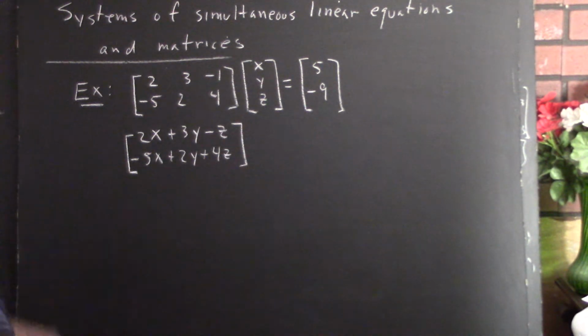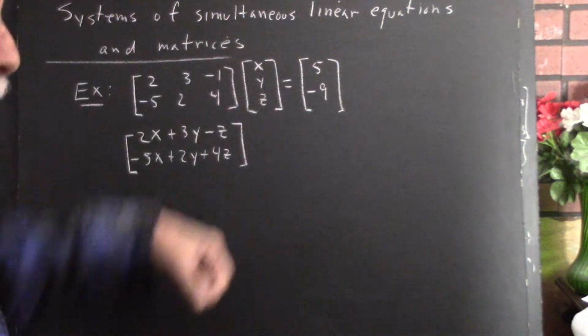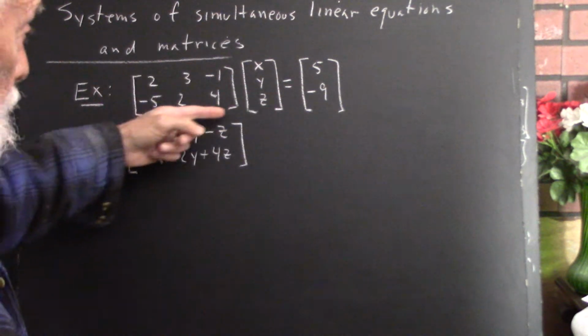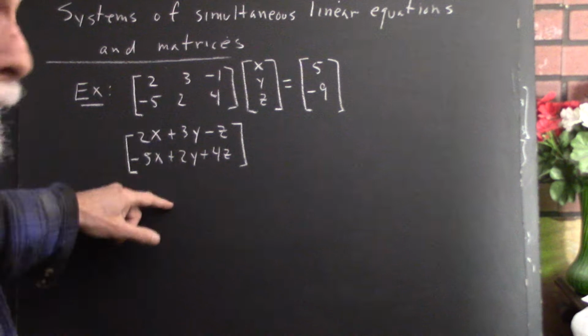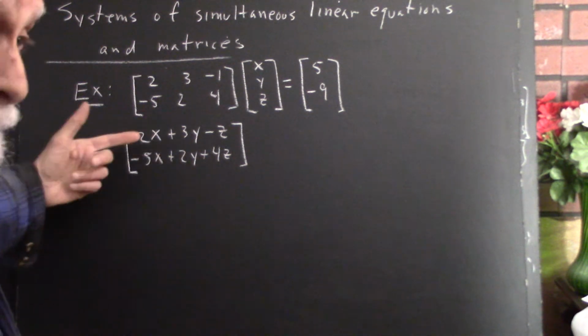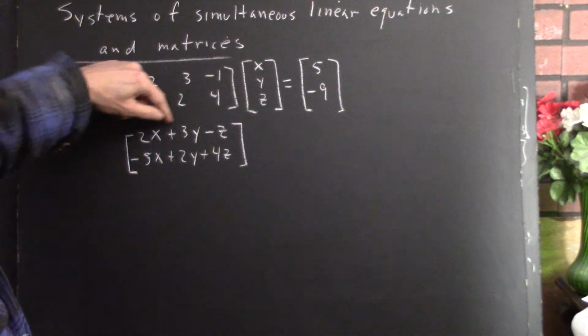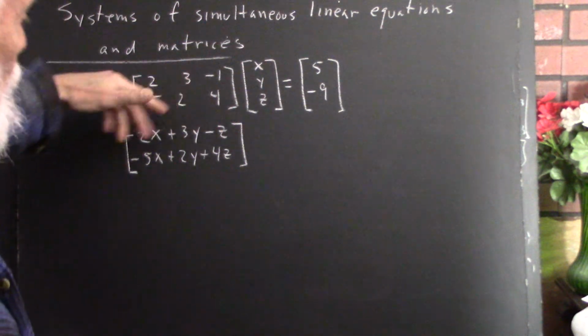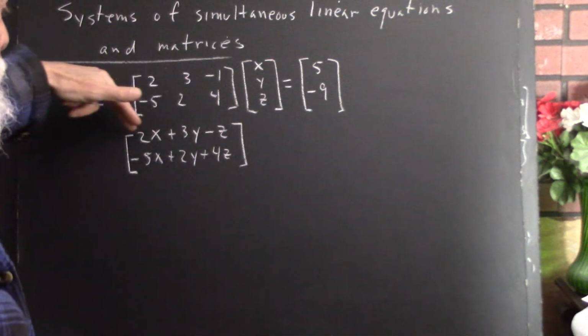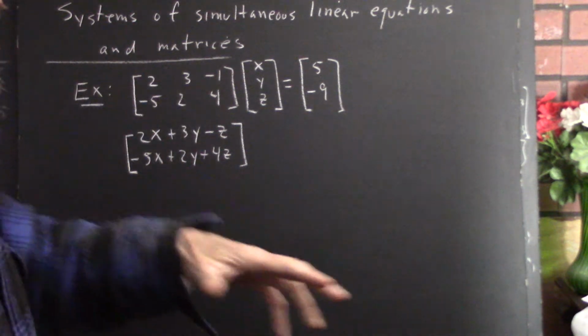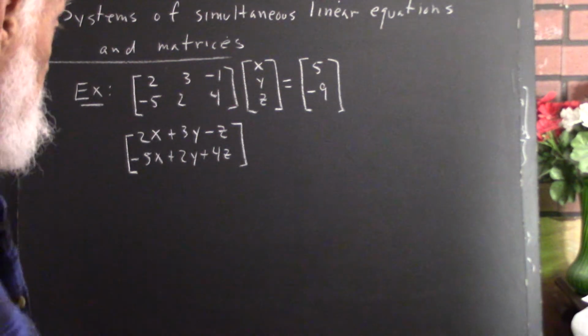Again, multiplying the first row by the only column we have here, and then multiplying the second row by that column, we get this. Now this is still a matrix of 2 rows, but the rows represent different combinations of the variables x, y, and z.